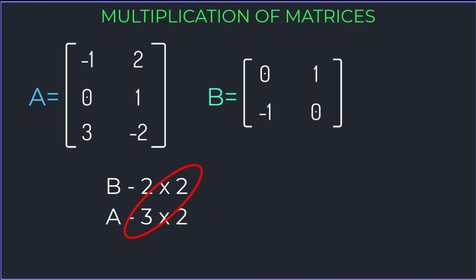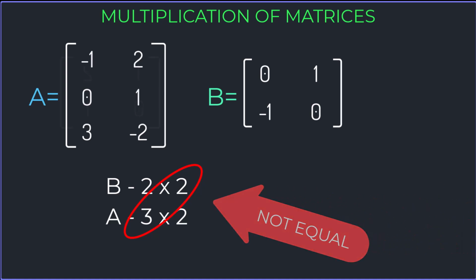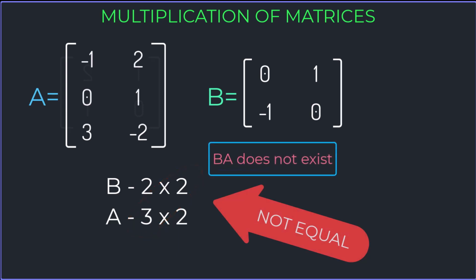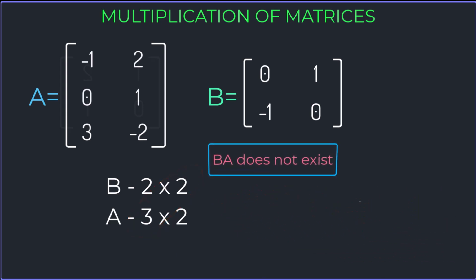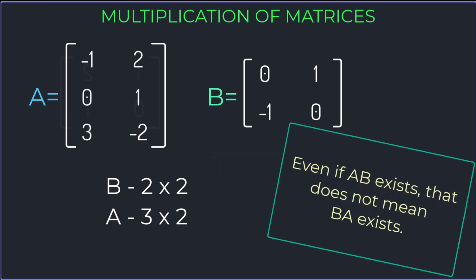And they obviously are not equal, violating the condition for the compatibility for multiplication. Hence, the product BA does not exist. This means even if AB exists, that does not mean BA exists.